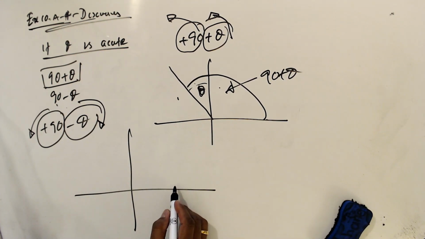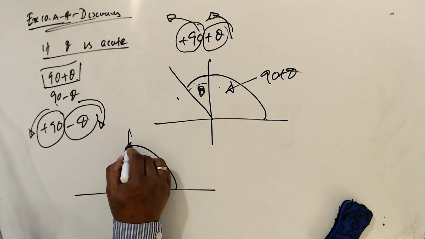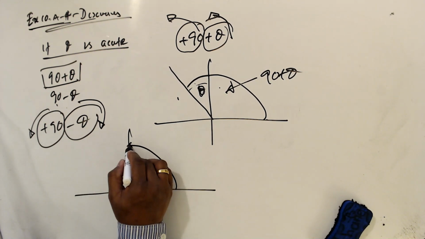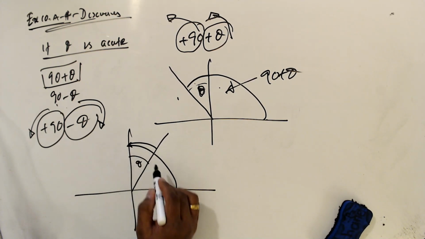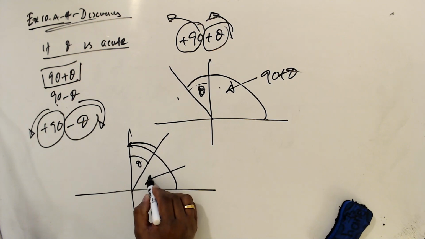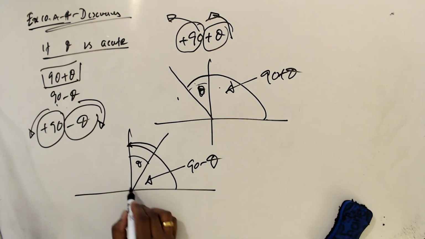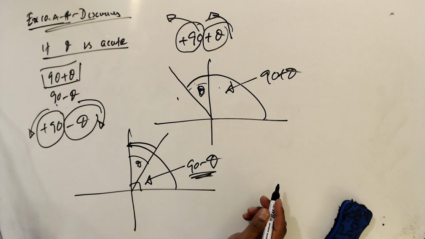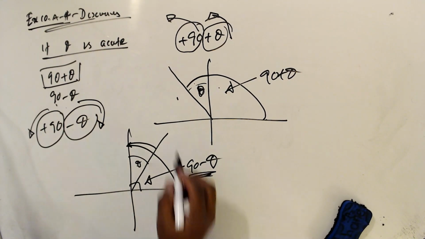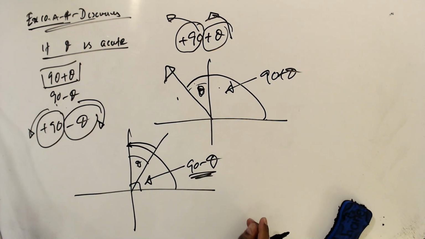So we'll start from here, go 90 anti-clockwise and then theta clockwise. So this is theta. Then what is this angle? 90 minus theta. This whole 90, when you take theta out, this is 90 minus theta. So 90 minus theta is in first quadrant. 90 plus theta is in second quadrant.